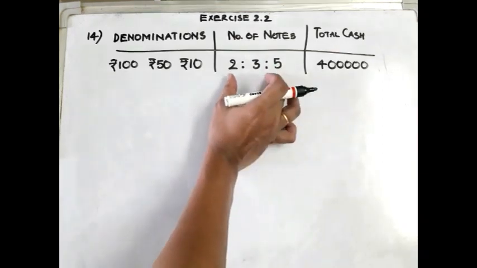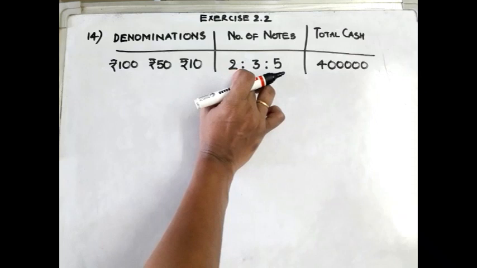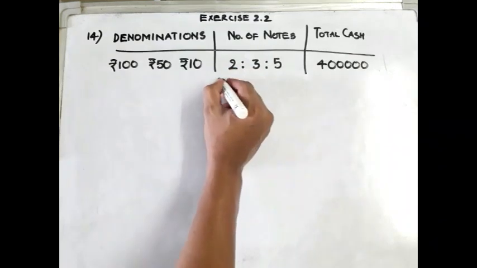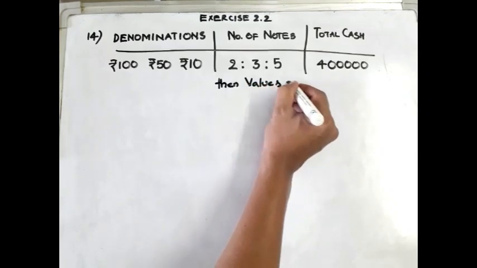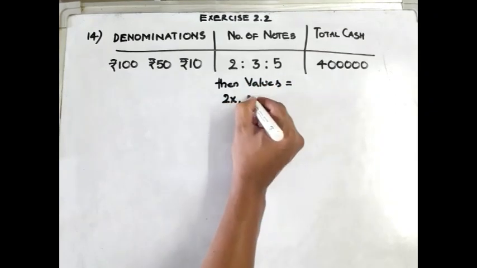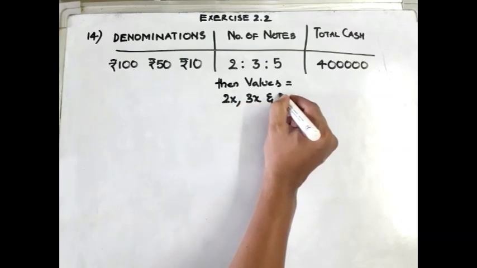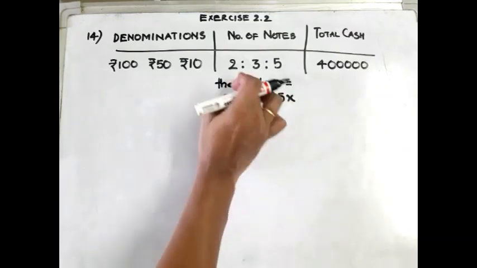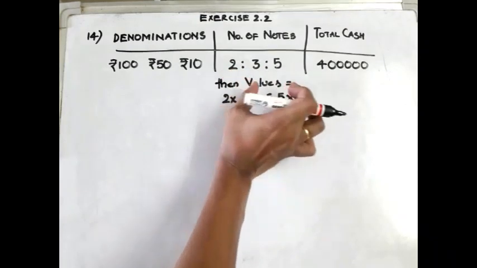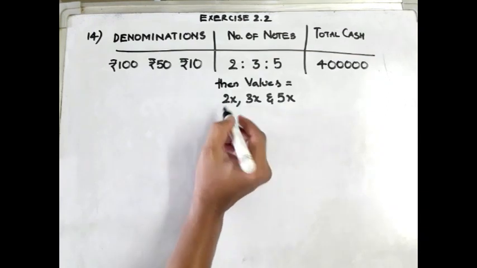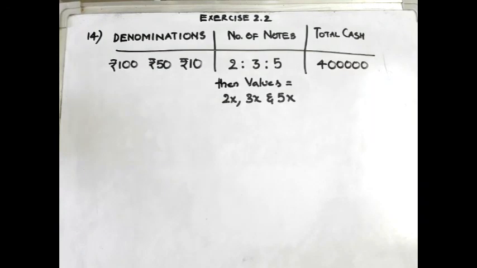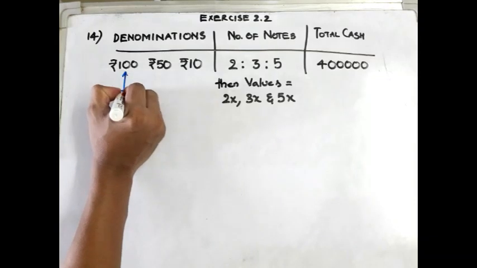Now if the number of notes are in the ratio 2 is to 3 is to 5, then the values are equal to 2x, 3x and 5x. Isn't it? Now look, this 2x is pointing to denomination of 100, because they clearly told respectively.